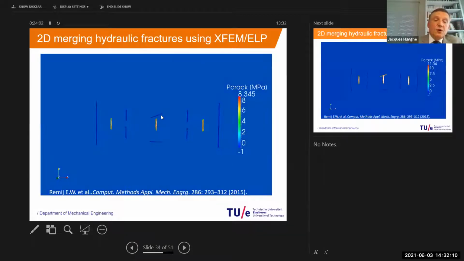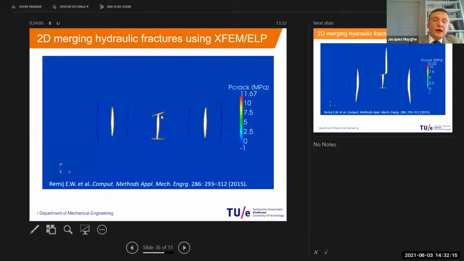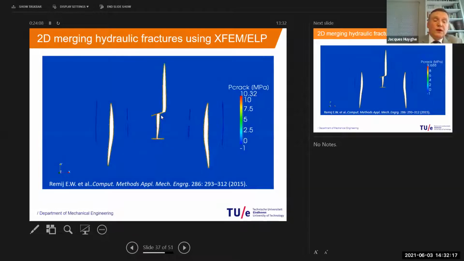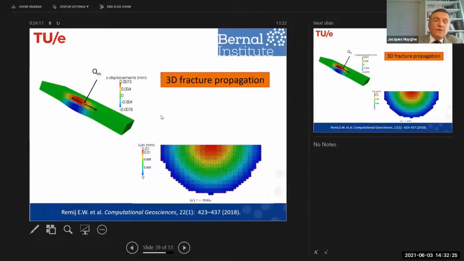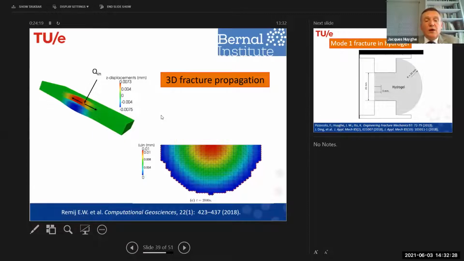And then at some point, the crack continues to propagate, even beyond the fault which is present. So we can simulate cracks which merge together, which bifurcate, which initiate. All of this is possible using this analysis.